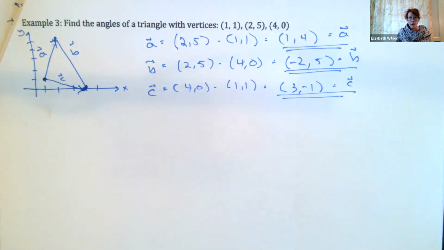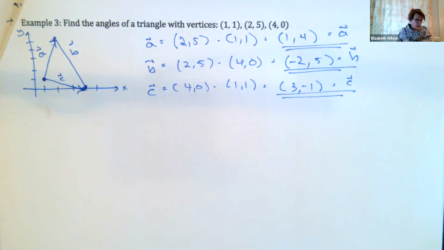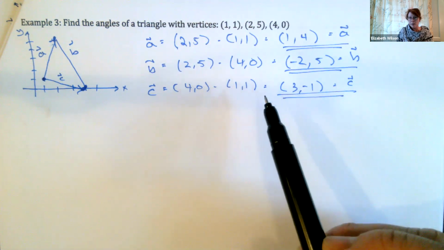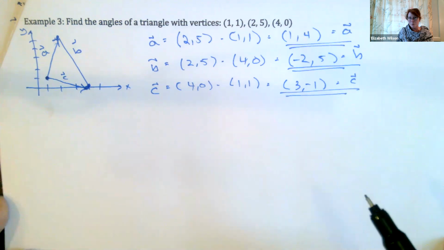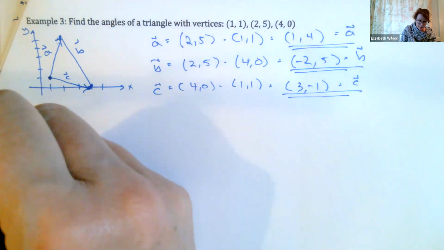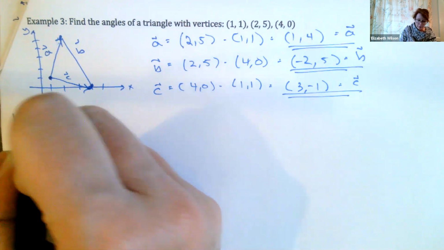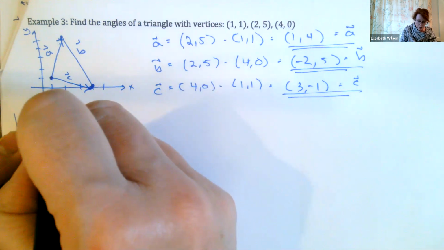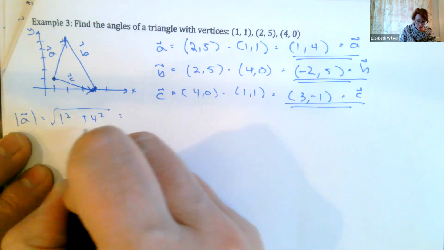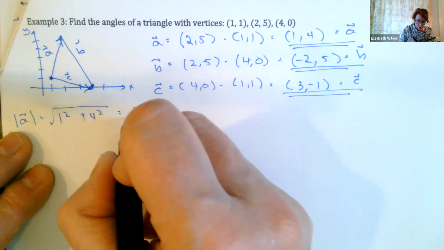I can use the dot product to help me figure out the angle between these two. In order to do that, I need to figure out their magnitudes first, because theta equals inverse cosine of the dot product divided by the product of their magnitudes. I like to calculate those ahead of time. Magnitude of A: 1 squared plus 4 squared, that's 1 plus 16, radical 17.